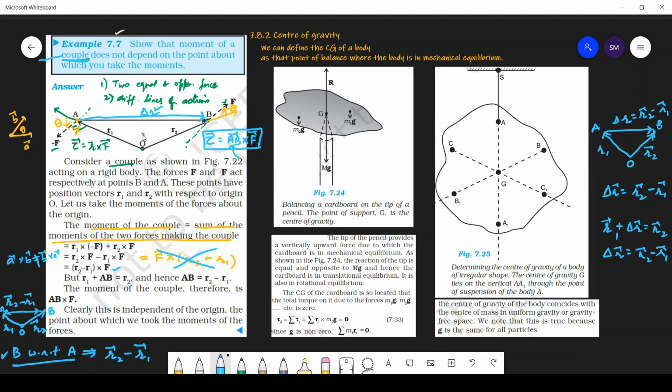Just tell me one simple thing. If you are taking this point as origin, and these are the positions of A and B from this point, is this displacement going to change?